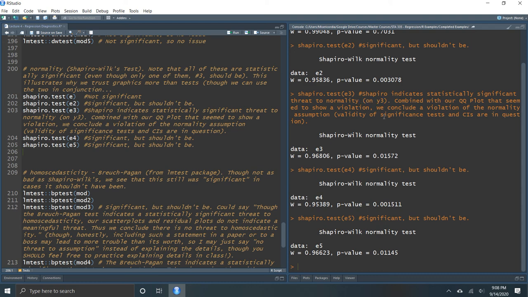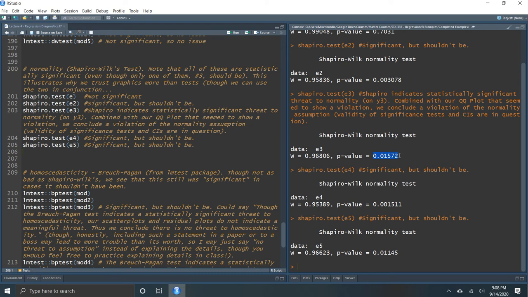This would be outcome 3. Combined with our QQ plot that also seems to show a violation, we conclude that there is a violation of this assumption. So what we would do is look at the plot. If it looks like it may be in violation, we run a test. This test says, yes, it's statistically significant. That statistical significance is a violation of the assumption.